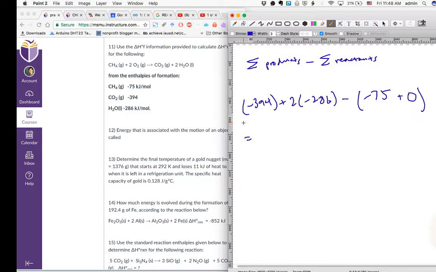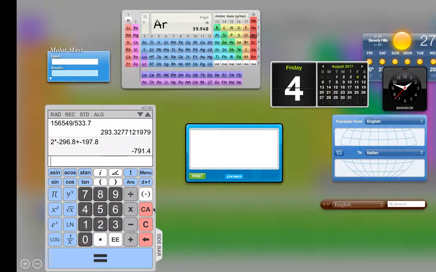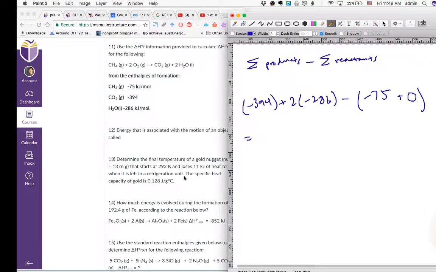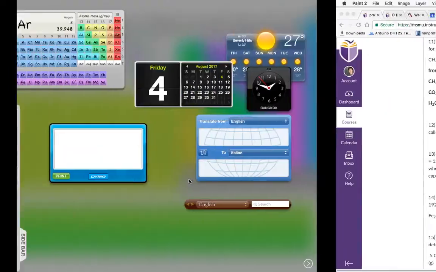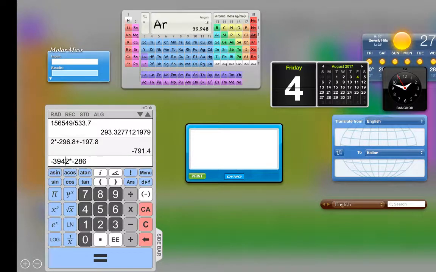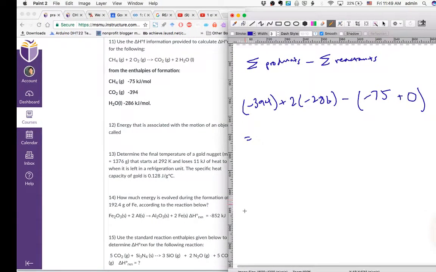Negative 394 plus 2 times negative 286, minus negative 75. Negative 21,448 kilojoules.